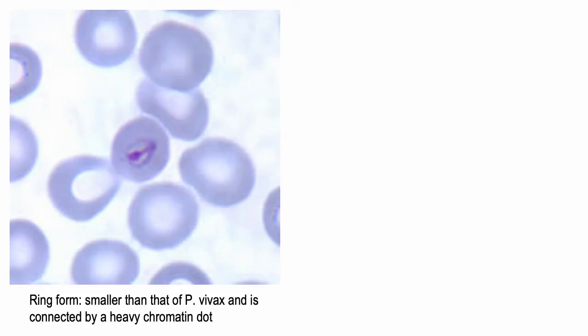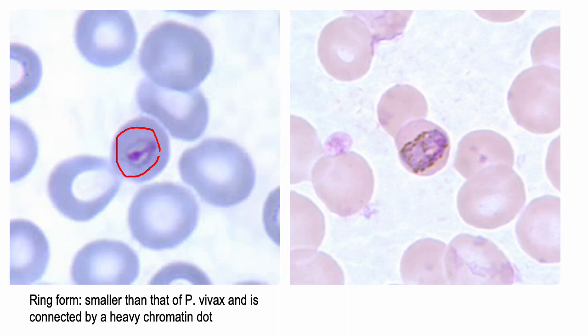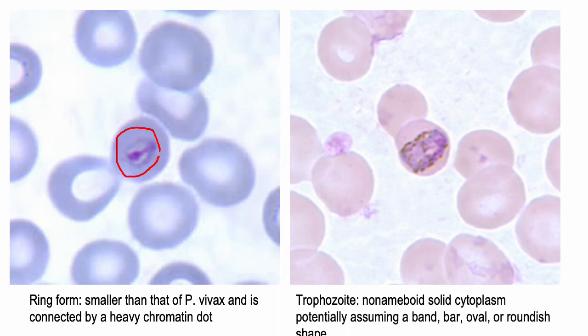This is smaller than Plasmodium falciparum and connected by a heavy ring or a heavy chromatin dot. While for the trophozoite, take note of the presence of a band or bar shape, no? So this is a band form of the trophozoite for Plasmodium malariae.